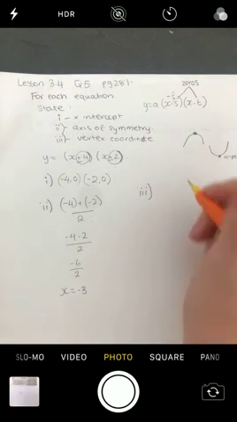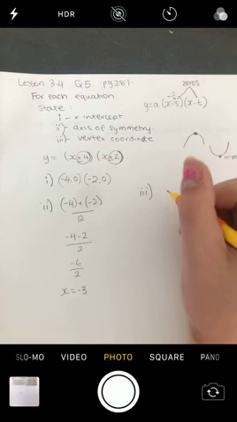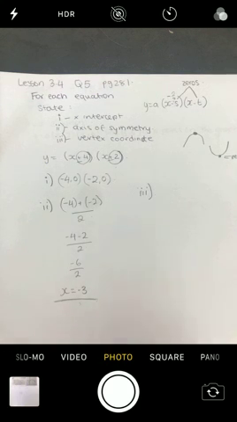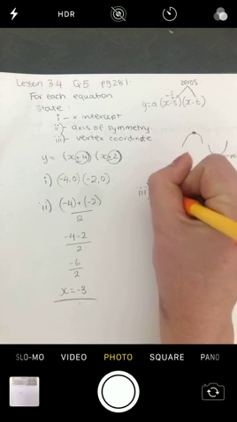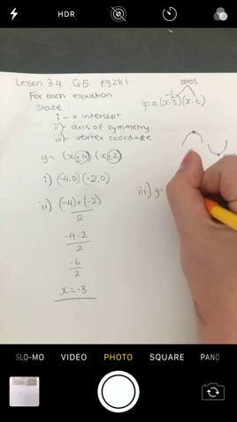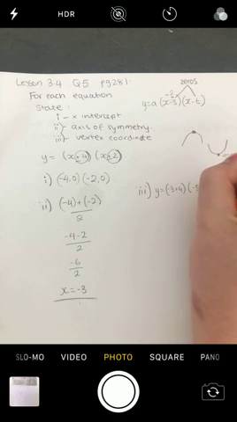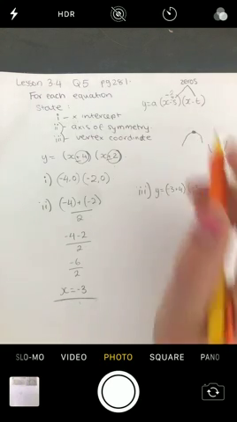What we can do is write our equation and insert the x value that we found for our axis of symmetry, because remember, our axis of symmetry is the x value of our vertex. So I can add that into my equation: negative 3 plus 4, negative 3 plus 2.